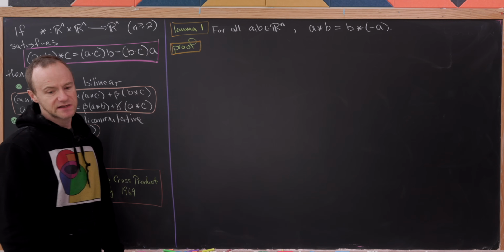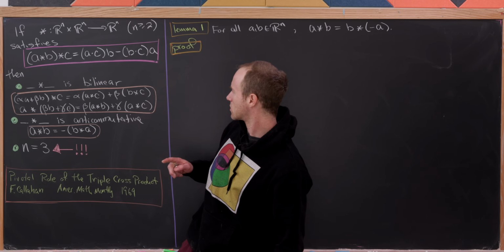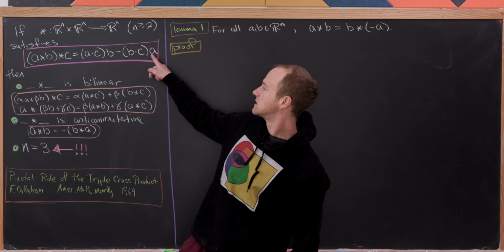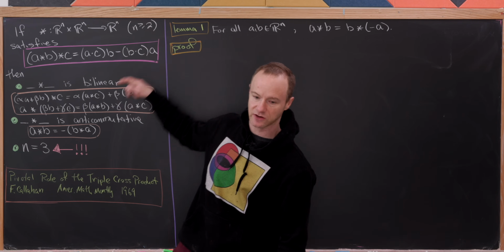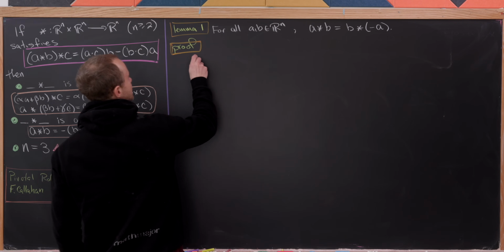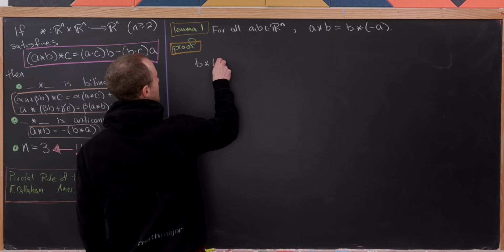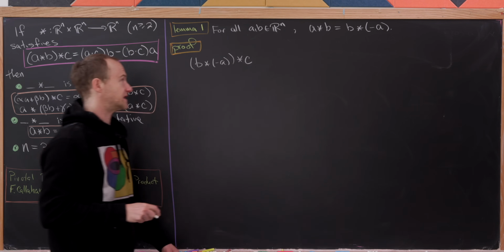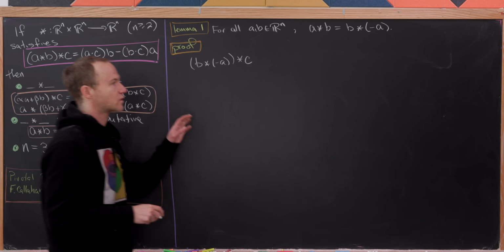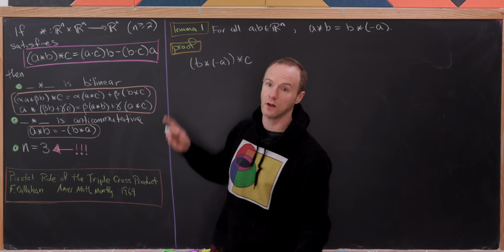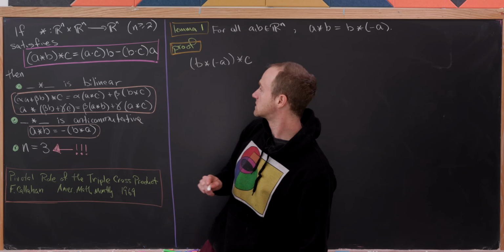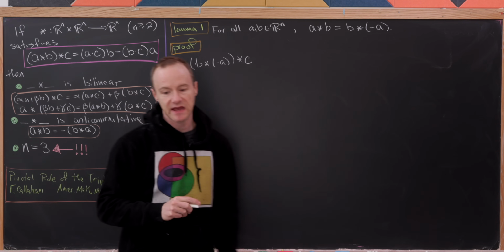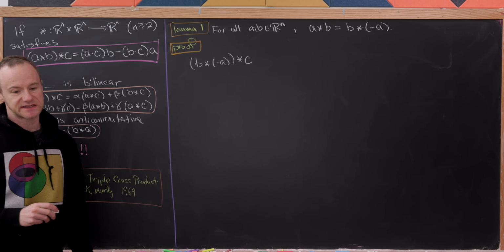Okay, well, let's start with this identity and rewrite it a little bit. So let's look at B star negative A, and then we're going to star that with C. So in other words, we're applying our only identity that we know holds, where A is replaced with B, B is replaced with negative A, and C is the same.